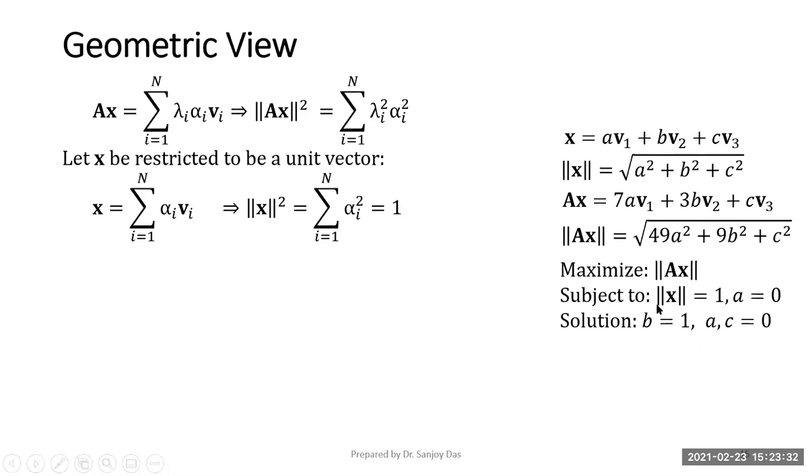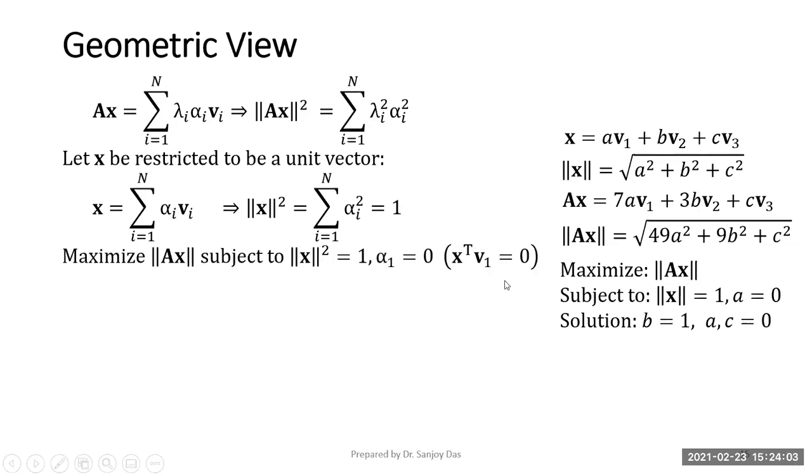So we are constrained to force the coefficient of v1 to be equal to 0. So we are looking for an x which is orthogonal to v1, because its orthogonal projection along v1 is 0. And the solution is let b be equal to 1 and c be equal to 0. Okay, so now let's generalize this observation.